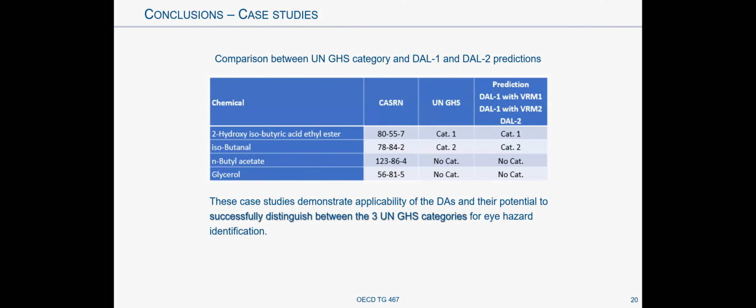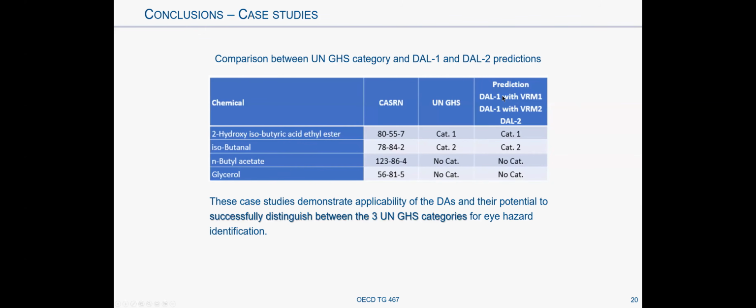I did not show all the possible variations of the DA, but for all the defined approaches, we had all the data. So it means the physicochemical properties, the STE data, the BCOP data, and the RhCE data.